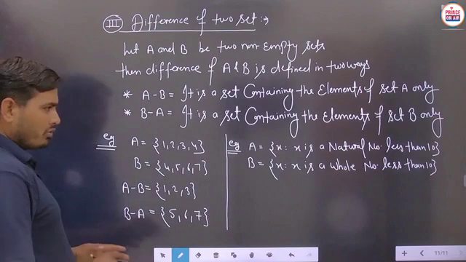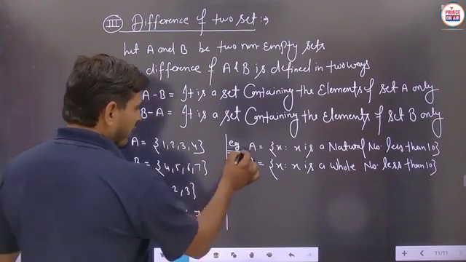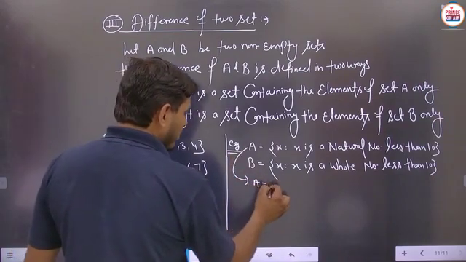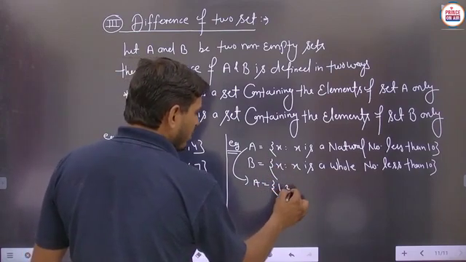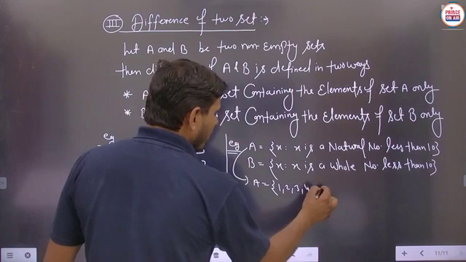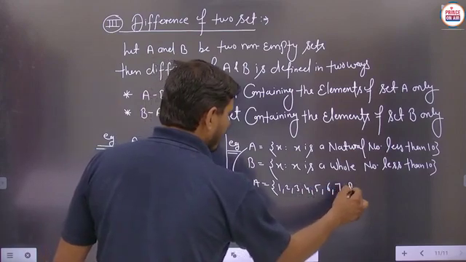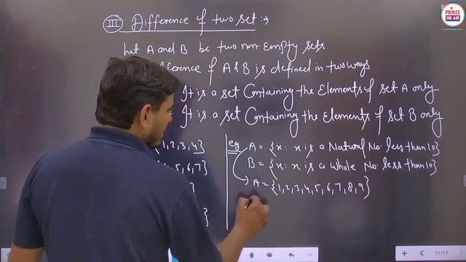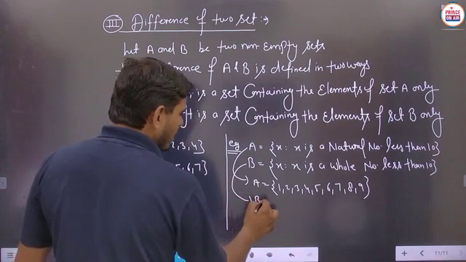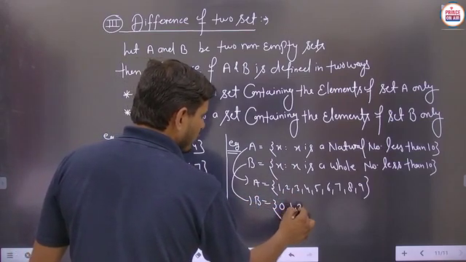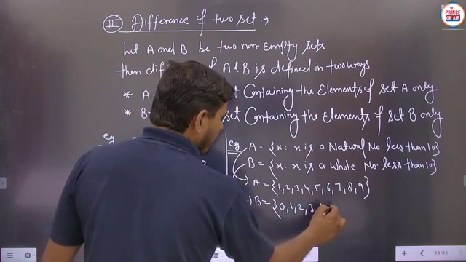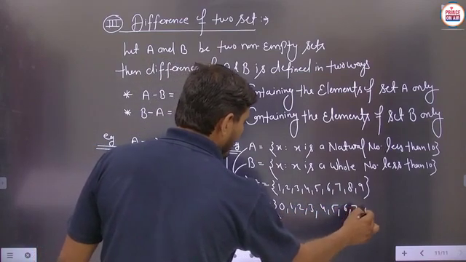If we convert A from set builder form to roster form, we write 1, 2, 3, 4, 5, 6, 7, 8, 9. Is it clear? And for set B, whole numbers start with 0, so 0, 1, 2, 3, 4, 5, 6, 7, 8, 9.